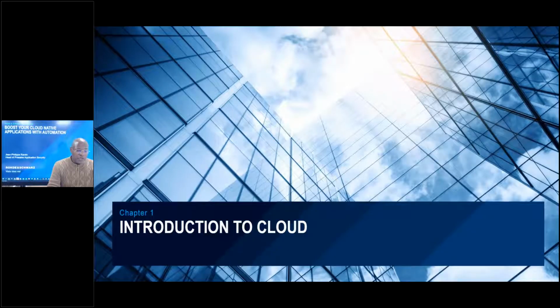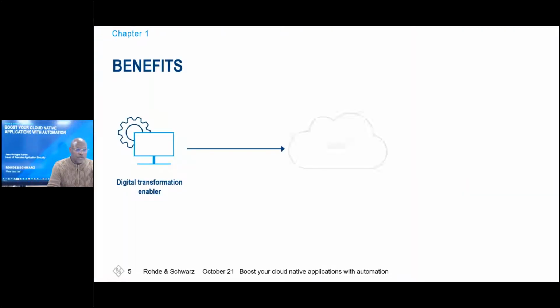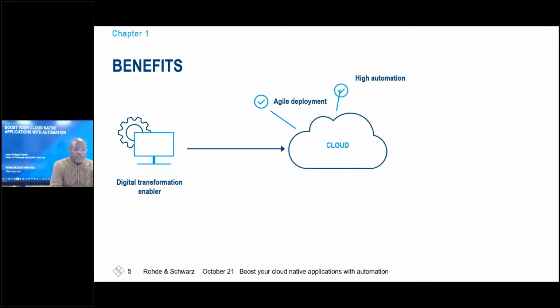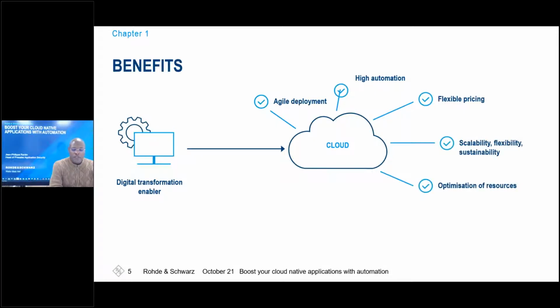So regarding the introduction to the cloud, there is ideal benefit, and when we are talking about cloud automation, what we should keep in mind is anything that is related to the way that you will push your application in the cloud and make it available.